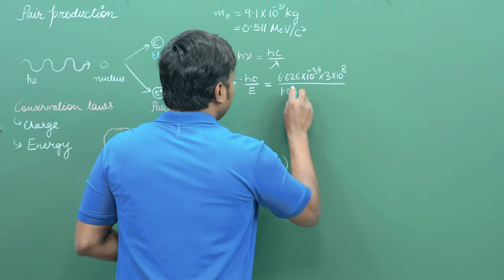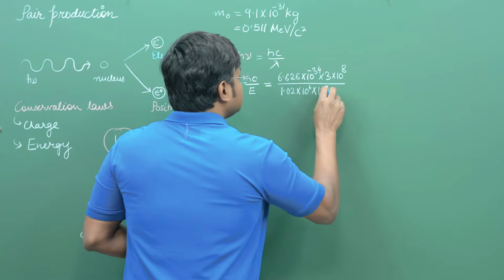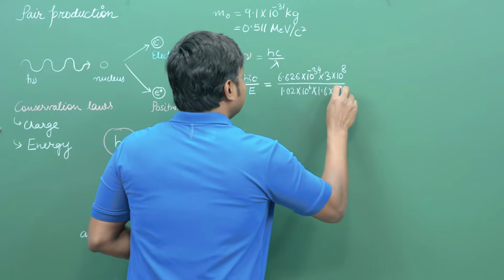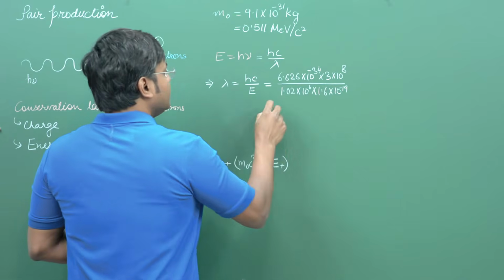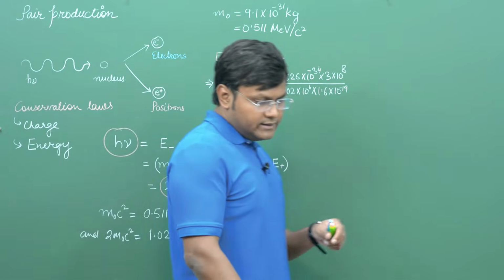So 1.02 mega is 10 to the power 6, and one electron volt is 1.6 into 10 to the power minus 19 joules. Now if we calculate this and come up with a number, I have already calculated it here.